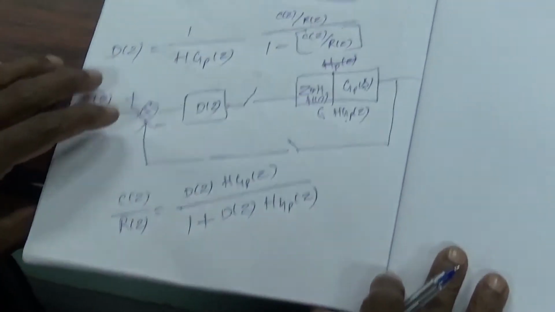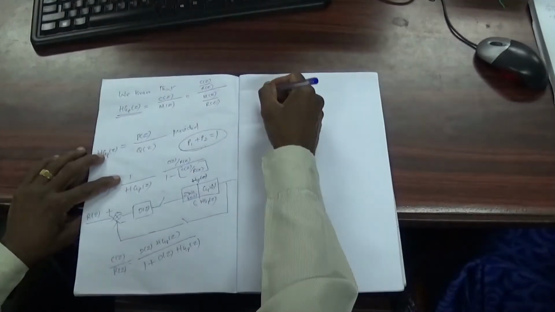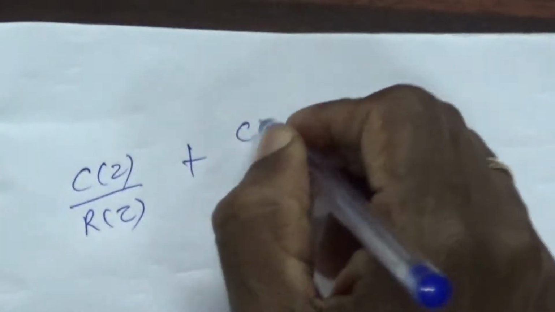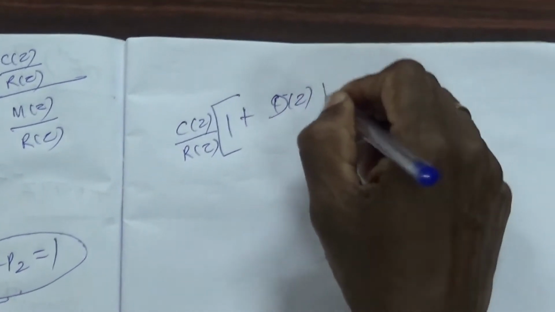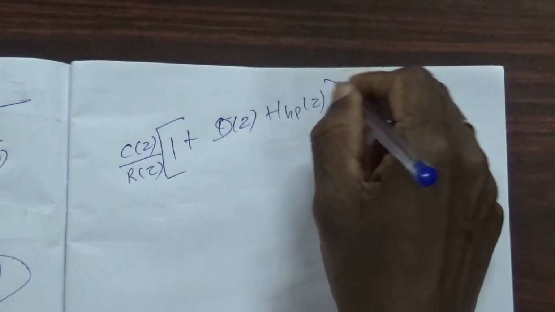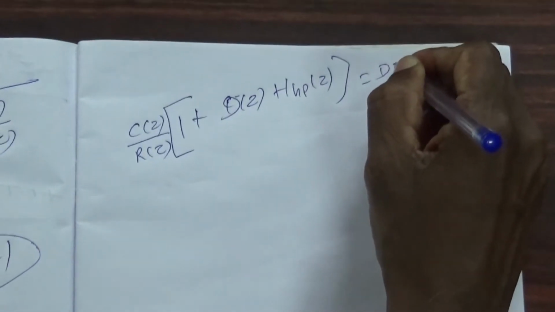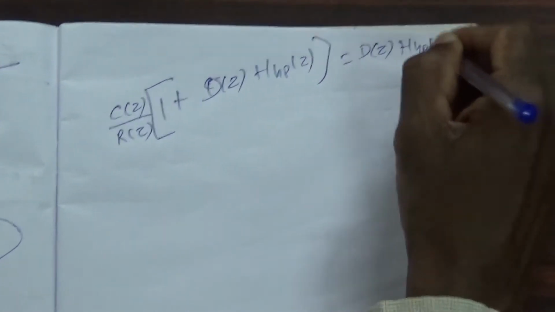From this we can find the d of z. So if you cross multiply, you will get C of z by r of z plus C of z by r of z times d of z HGP of z equal to d of z HGP of z.